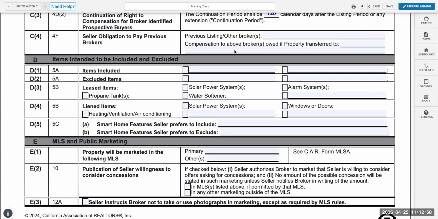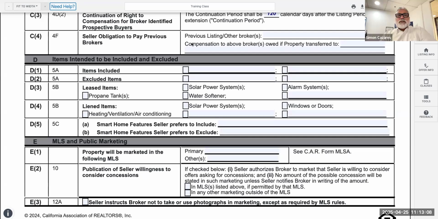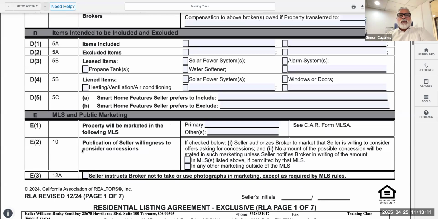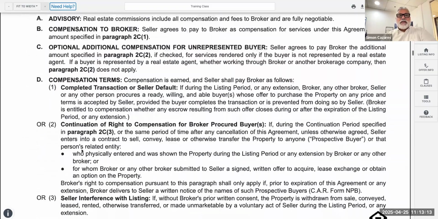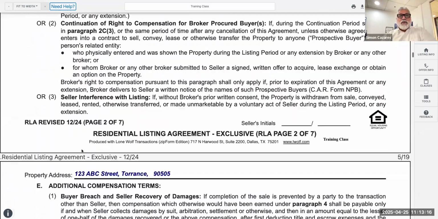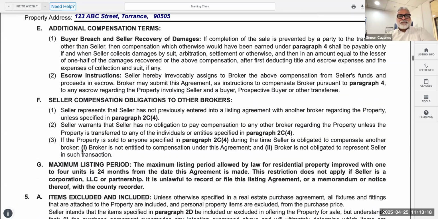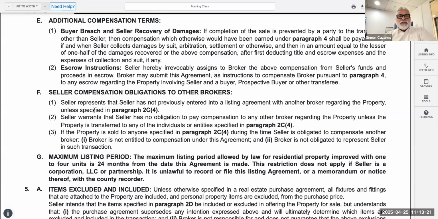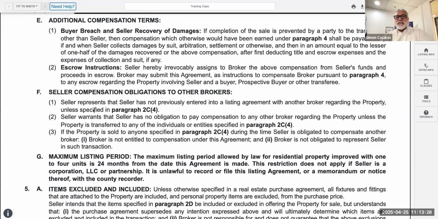Okay. So are you saying that we can also add other brokerages or whoever it is, or just brokerages? Yeah, so this section says, look, and let's go to 4F because I think it's easier to explain. So if we go to 4F, it goes into seller compensation, obligation to other brokerage. So here, seller represents the seller has not previously entered into a listing agreement with another broker regarding the property unless specified on 2C4.